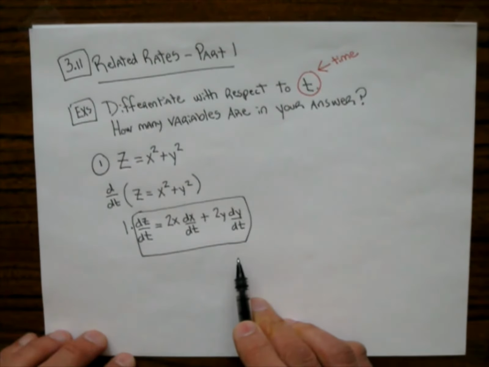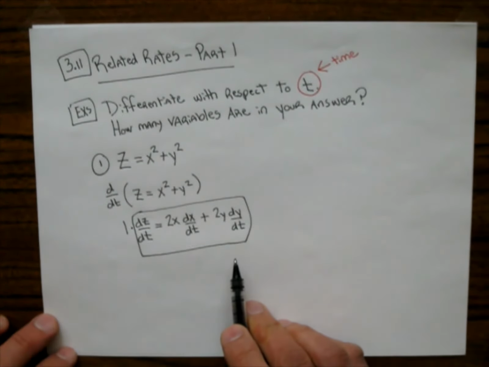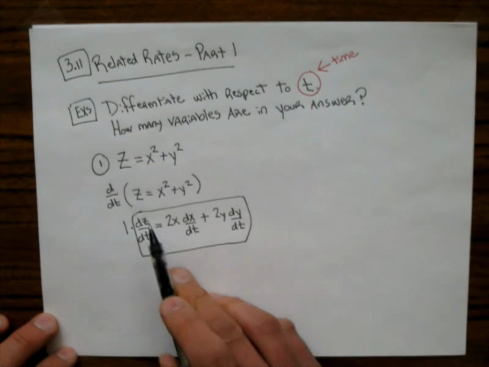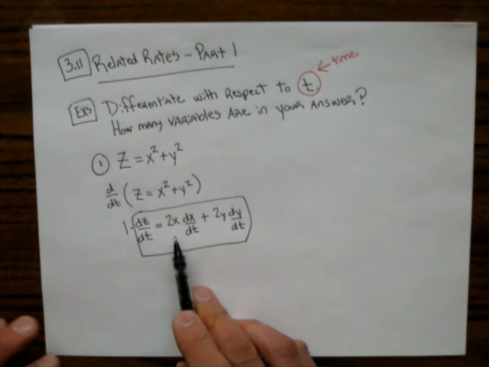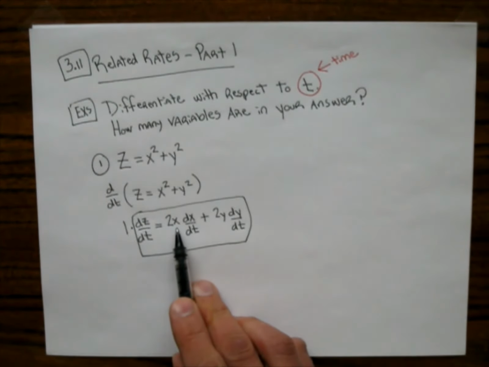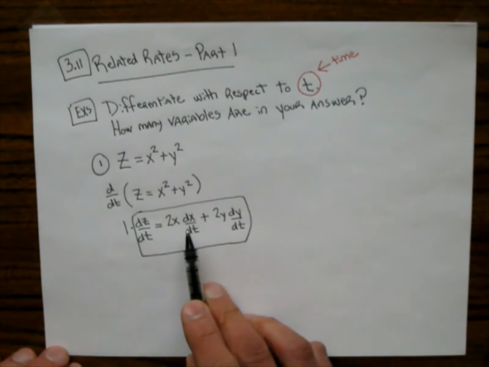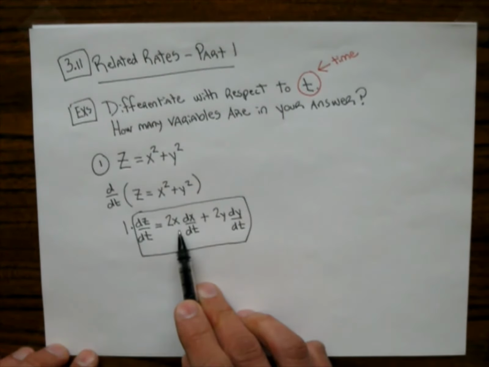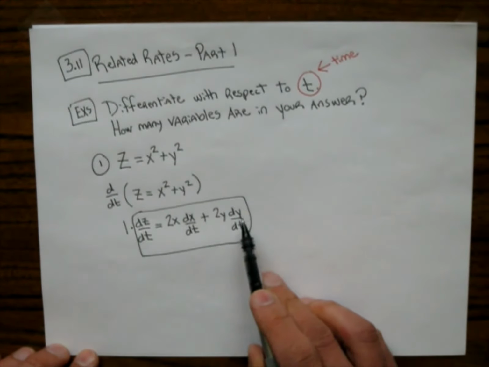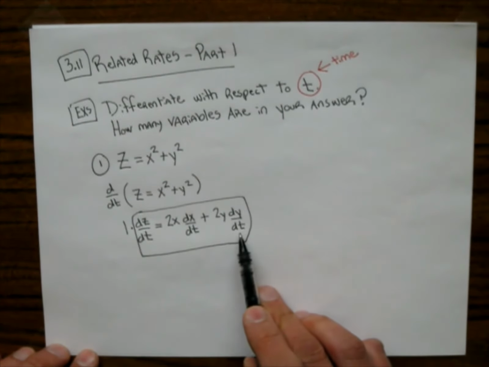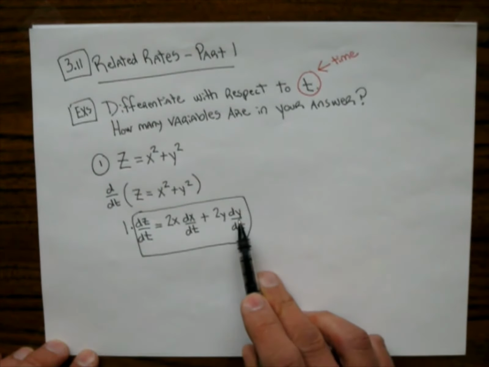Differentiate with respect to t. Now they ask, how many variables are there? It looks like there's 3 variables, but really what we have for our variables is the x and the y. That's 2 of them there. But other variables in this equation would be dy dt. That is a variable. That's the rate of change, the derivative of y with respect to t.